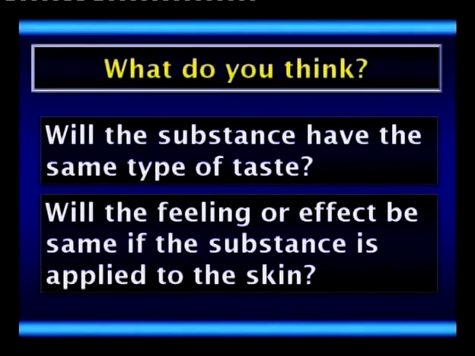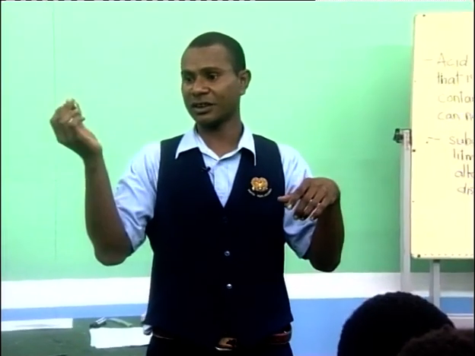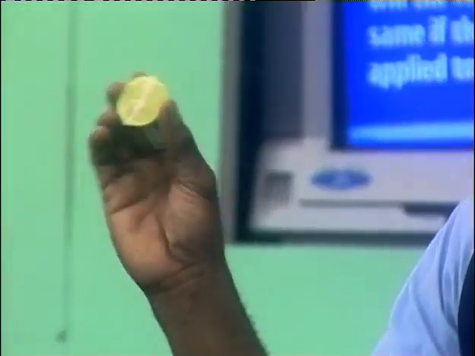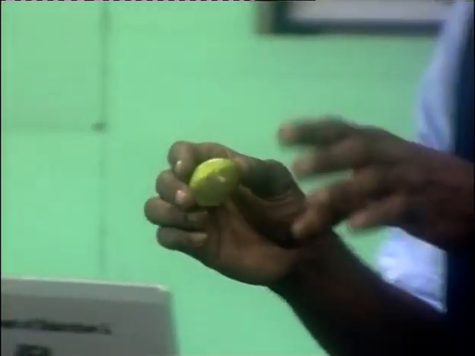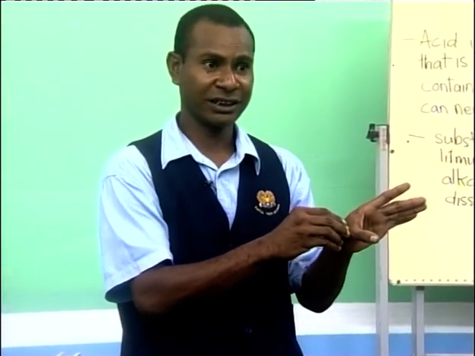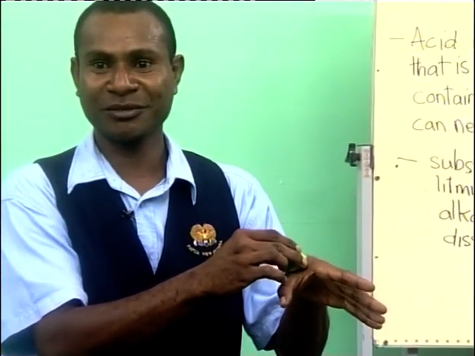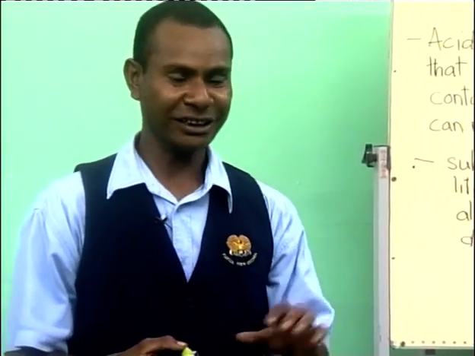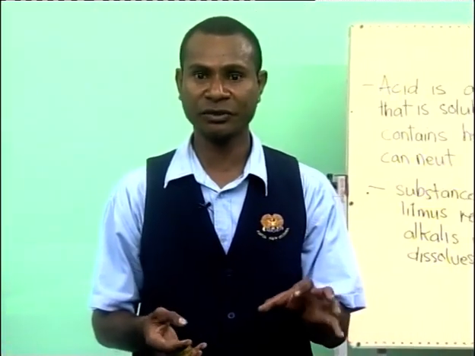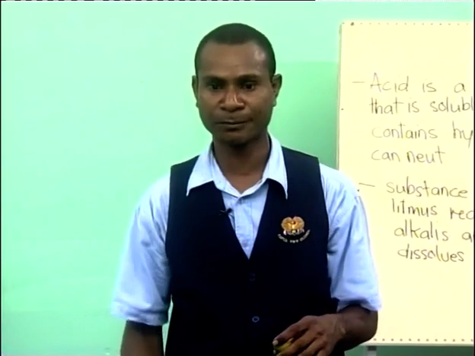Once you have cut a piece of fruit or substance that you would like to test, I would like you to just rub it on the surface of your hand, somewhere here. Not your whole body or your whole face, just somewhere on your hand, which you can feel. Feel for a while, maybe a couple of minutes, and how does the surface of your skin feel? You can write your description down.